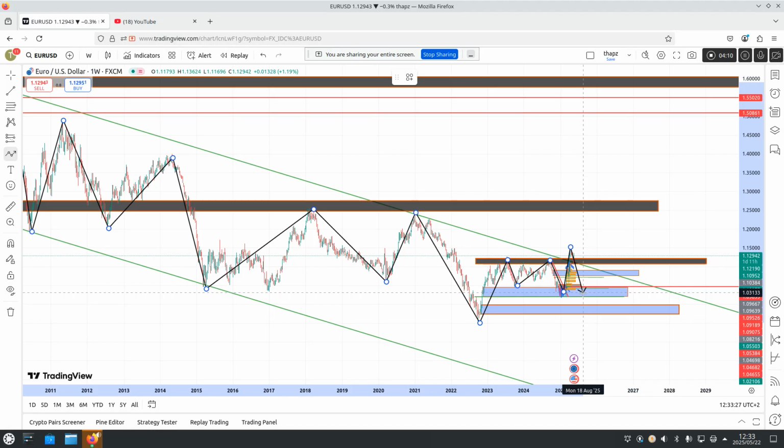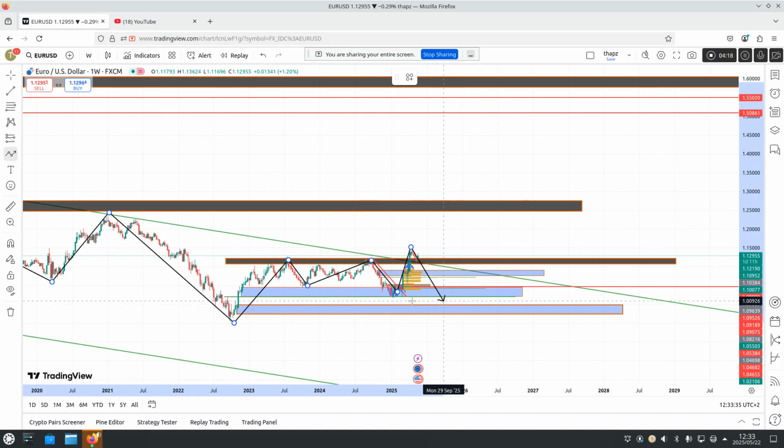We are looking for this to tell us where we should open a sell or a buy. Currently, due to the analysis here, this area is acting as resistance. So at this line, in this area, I'm expecting a buy to retest that line.